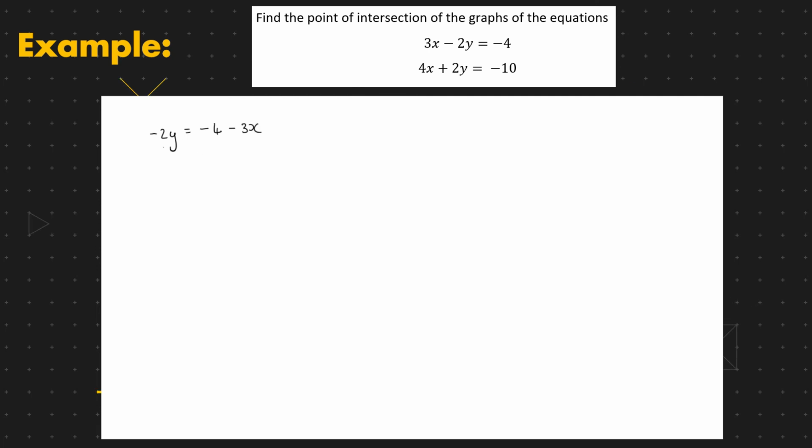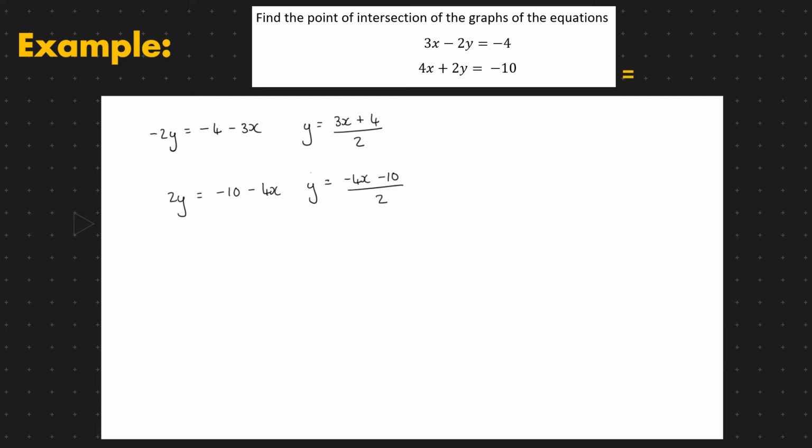So if we divide by negative 2, we will then have that y is equal to 3x plus 4 divided by 2. And for the second equation, we're going to have 2y is equal to negative 10 and negative 4x. So again, we can divide by 2 on both sides. So we're going to have y is equal to negative 4x minus 10 divided by 2.